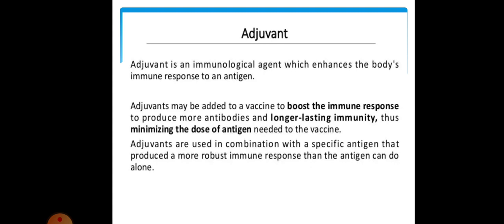Adjuvant is an immunological agent which enhances the body's immune response to an antigen. Adjuvants may be added to a vaccine to boost the immune response to produce more antibodies and longer lasting immunity, thus minimizing the dose of antigen needed in the vaccine. Adjuvants are used in combination with a specific antigen to produce a more robust immune response than the antigen can do alone.